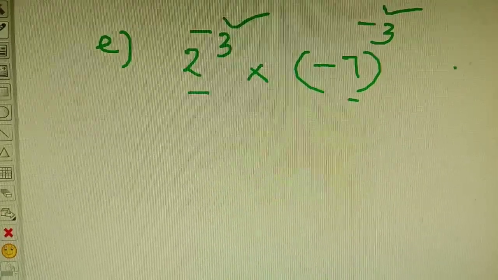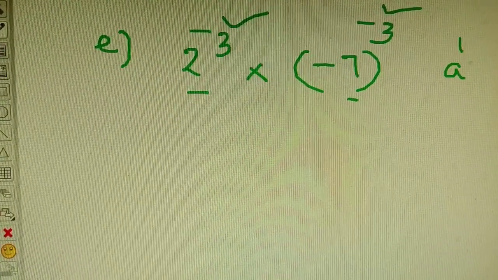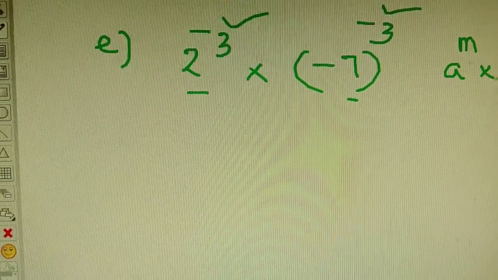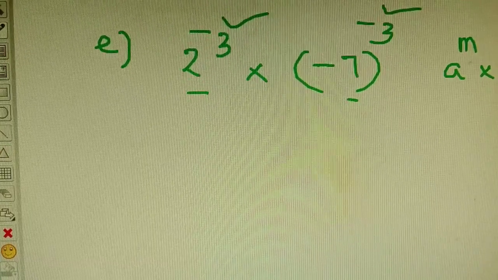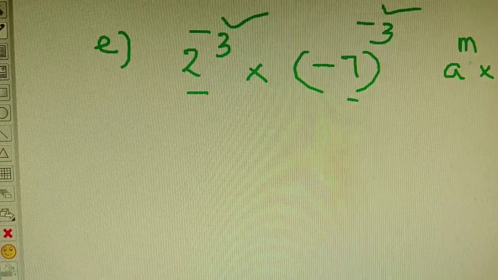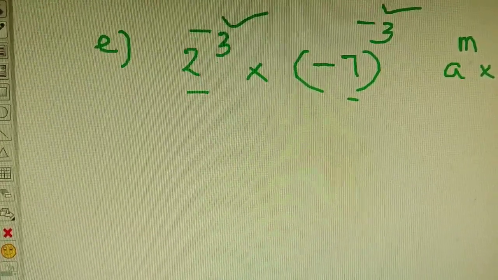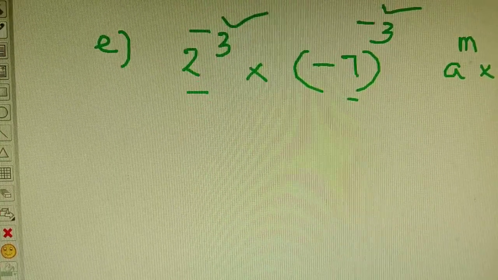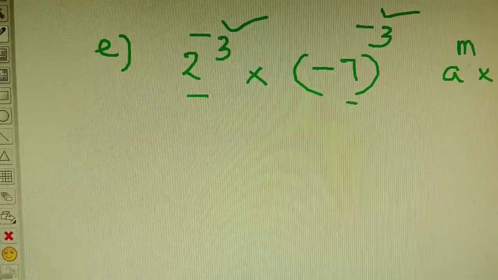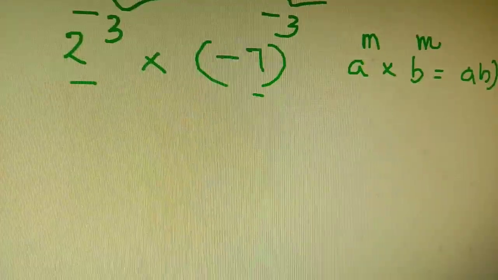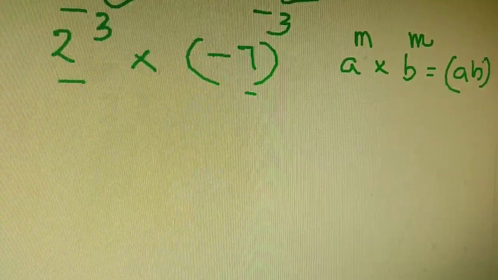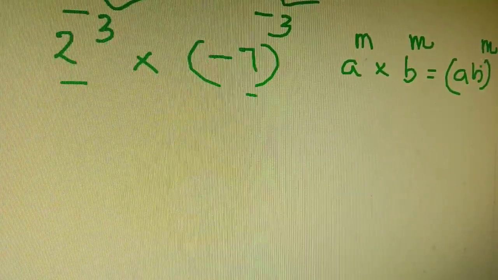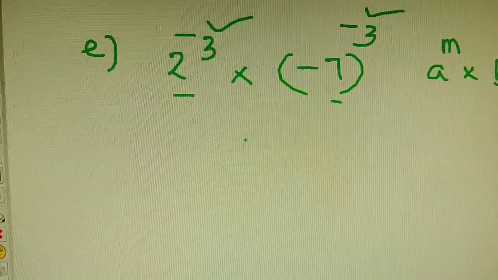So here we can apply this law: a to the power of m into b to the power of m. The powers are the same but the bases are different. We write this as (ab) to the power of m. We multiply a and b and then take the power.